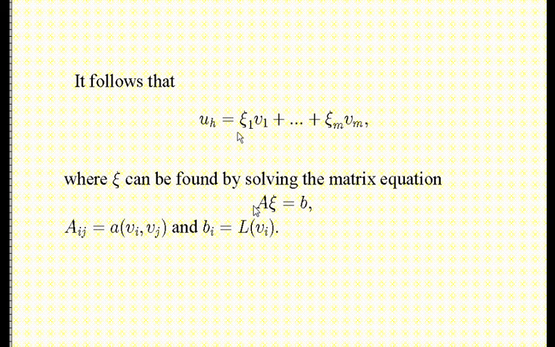So in order to solve this problem, we have to solve this equation where A is a matrix with components A_ij, given by this bilinear form of the basis vector vi paired with vj.